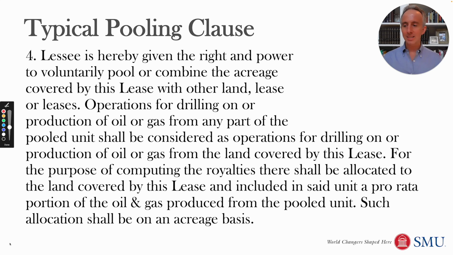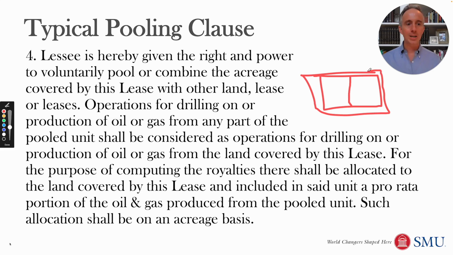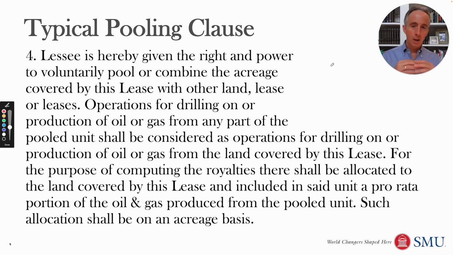So, as a simple example, imagine that you have two 20-acre properties next to each other and you need 40 acres to drill. You could pool those whole 40 acres together and then you could put a single well on the property. The oil and gas produced from that well would be shared between the two properties.